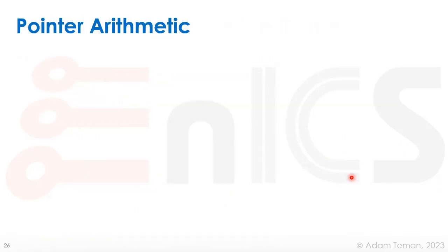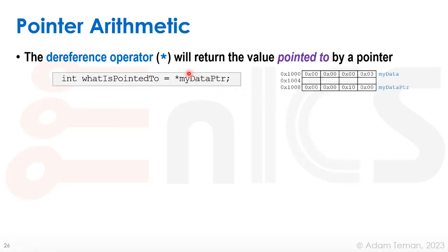A really cool thing that we can use is called pointer arithmetic. For that, we need to use what's called the dereference operator. What the dereference operator does is return the value that is pointed to by a pointer. This is where things get a little bit confusing until you get used to it. Here we have a declaration: int what_is_pointed_to. We created a variable called what is pointed to, and we say that it's equal to the dereferencing of my data pointer.